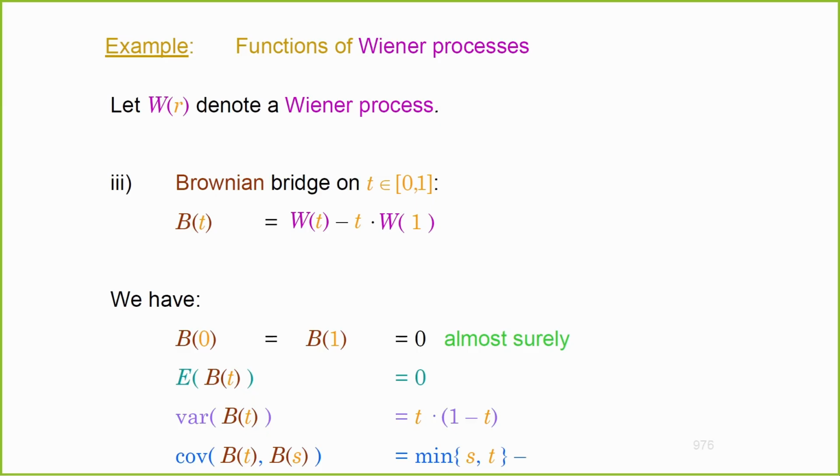However, then you have minus the product of t and s. So this is going to decrease the autocovariance. The autocovariance is less than that of a standard Wiener process, and so is the variance. The variance is also less than that of a standard Wiener process.